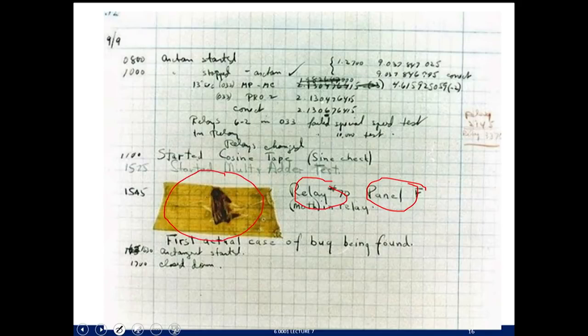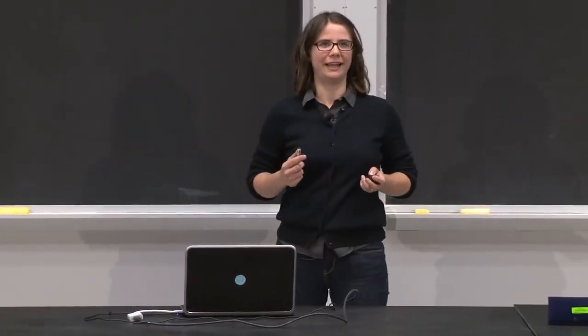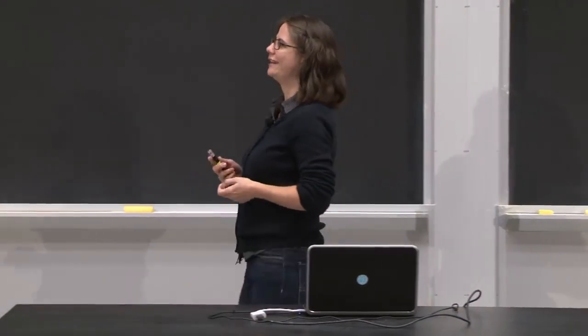I think it was dead, probably electrocuted, but it was a moth that was impeding the calculation. And don't know if you can read this, but this part right here, they made a note in their logbook that says, first actual case of bug being found, which I think is really cute. So they were literally doing debugging in this computer, right?